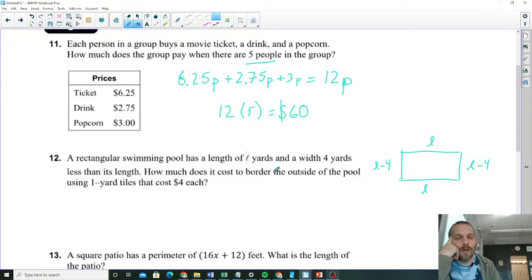So how much does it cost to border the outside of the pool? So that's perimeter. So we're going to go L plus L plus L minus 4 plus L minus 4.